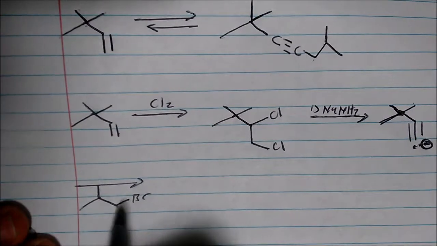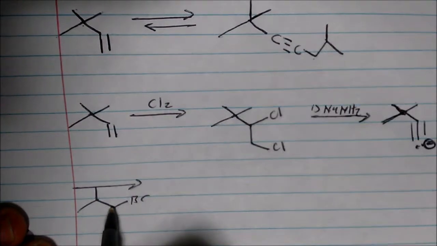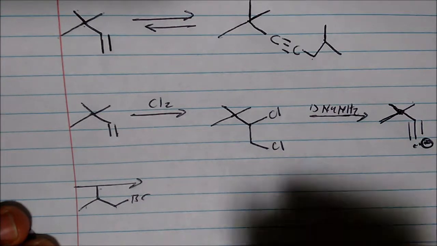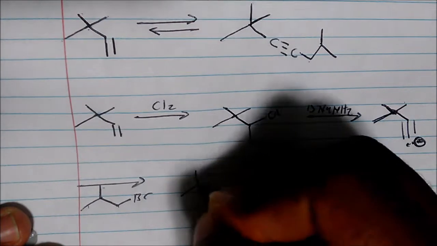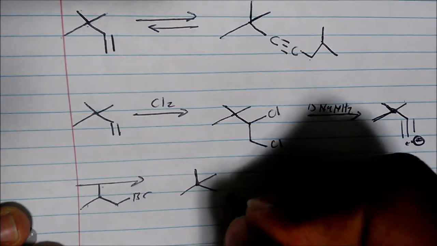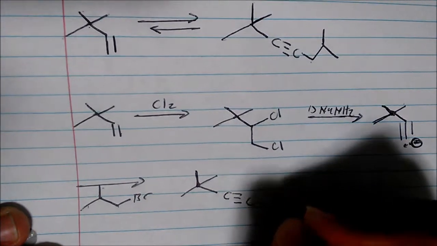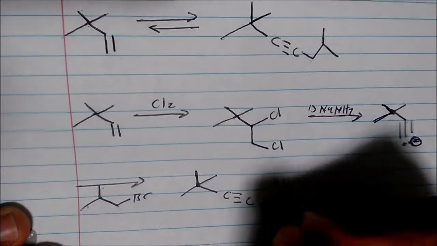Notice that the bromine leaves, which leaves me with 1, 2, 3, 4 carbons. And we'll get the neutral product, or the product observed at the top that we've seen.